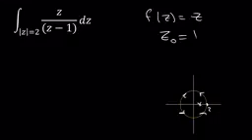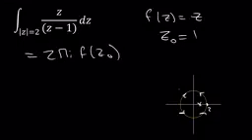And to do that, all we're going to do is set that equal to 2πi times f(z0). Because z0 is equal to 1 and f(z) is equal to z, this just becomes 2πi.